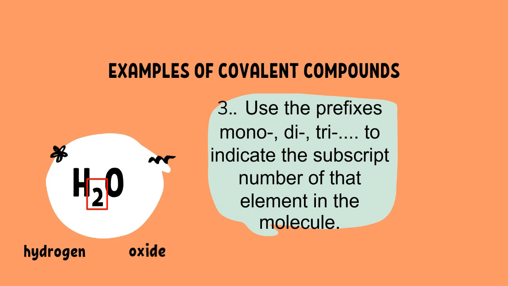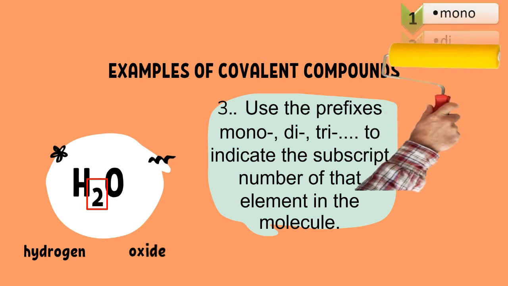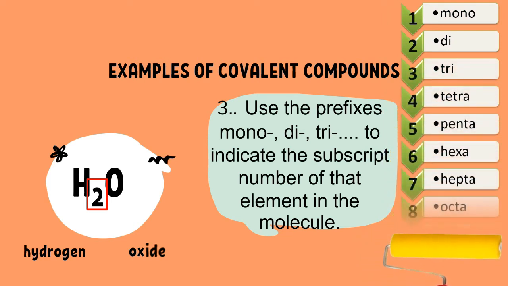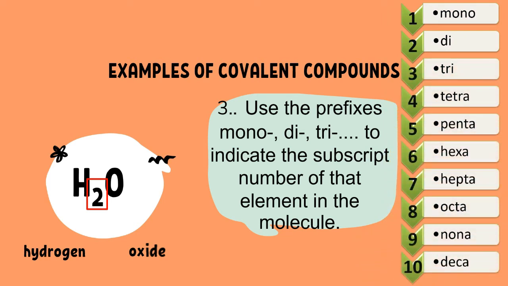So now, since we have a subscript of 2, we need to use a prefix. But where are we going to place the prefix? And our prefixes are, if it's 1, mono, 2, di, and so on. So since we have a subscript of 2, we are going to use di. And where are we going to put di? Is it going to be in hydrogen or in oxide?